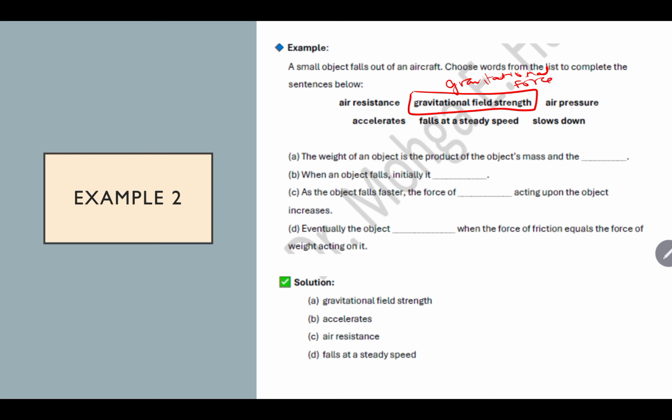Gravitational field strength is weight over mass, which we're going to study later, but we've taken it with acceleration as 9.8 meters per second squared. So gravitational force is a force just like weight. Gravitational field strength is the pull of gravity on a certain planet or an object, and on Earth it's 9.8 meters per second squared, like we've taken it. So do not confuse the two terminologies, they are not the same.